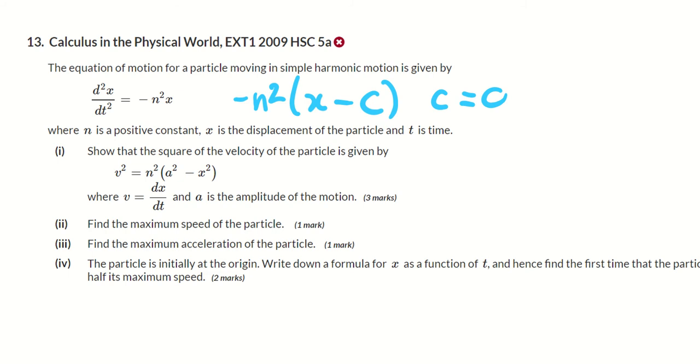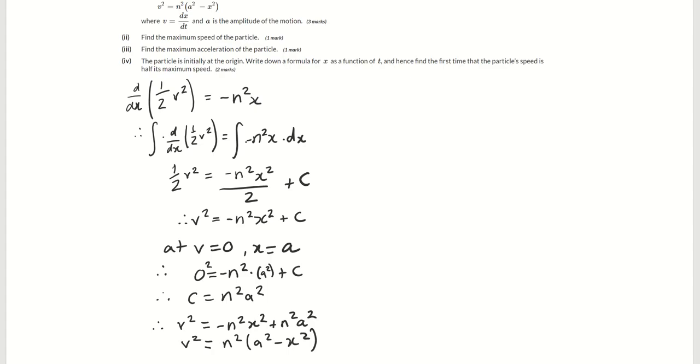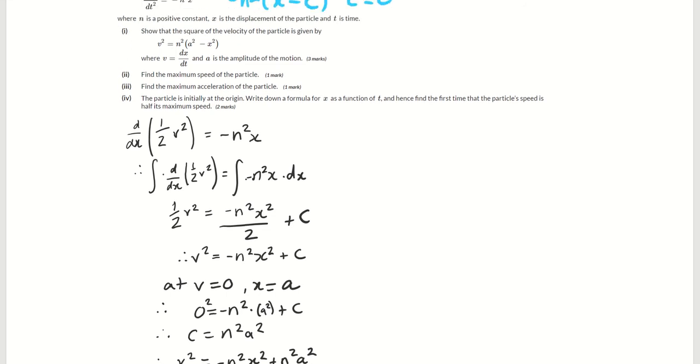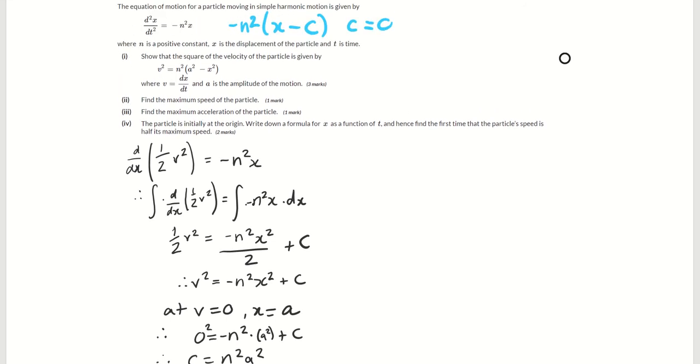I'm just going to put my answer out and then I can talk about it. Okay, so hopefully this will make some sense. But basically we are told that we are given this, okay? So the second derivative, for our acceleration, is negative n squared x. And we have to prove that it can be also written as v squared equals.